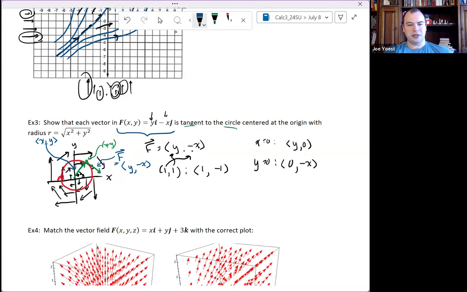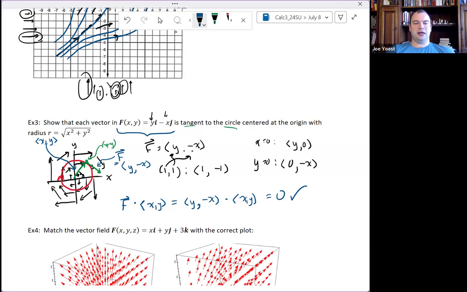Well, these are perpendicular if and only if their dot product is 0. And their dot product gives me xy minus xy, which is indeed 0.